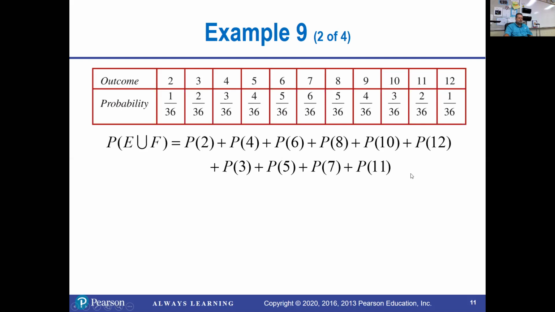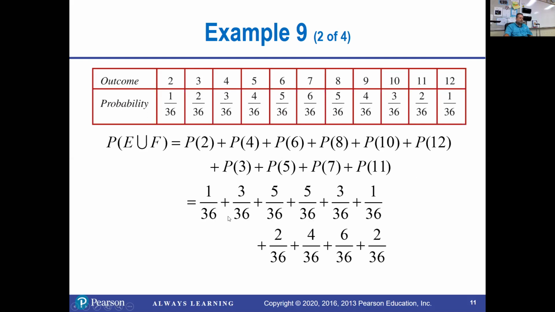Those are all your evens, and here's all your primes. Those are all your probabilities. Now when you add them, the nice thing is all of them get added together so the bottom stays the same, and I get 32 out of 36. Which also would have a reduction. This guy who never did this one didn't reduce. I can take a 4 out, that's going to be 8 out of 9. Actually, an 8 out of 9 probability.